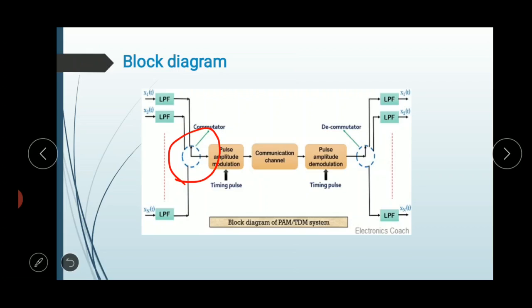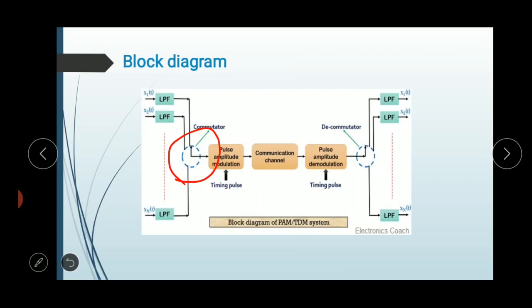Here, Fs is the rate of rotation of the commutator. As we know, Fs is the sampling frequency, and we have to keep the sampling frequency greater than or equal to twice Fm. So we set the value of Fs like that. Commutator performs the function of multiplexing.